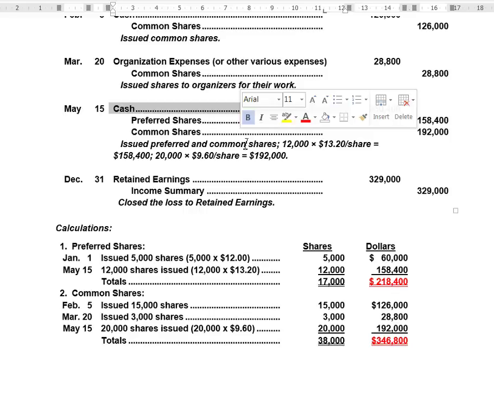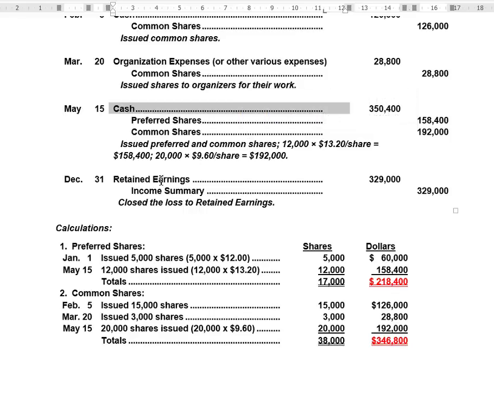So now, last thing we're going to do here, it says on December 31st, the income summary account was closed and it had a debit balance of $329,000. Well, don't forget what we said. If your income summary account has a debit balance, that means that you must have made a loss that year.